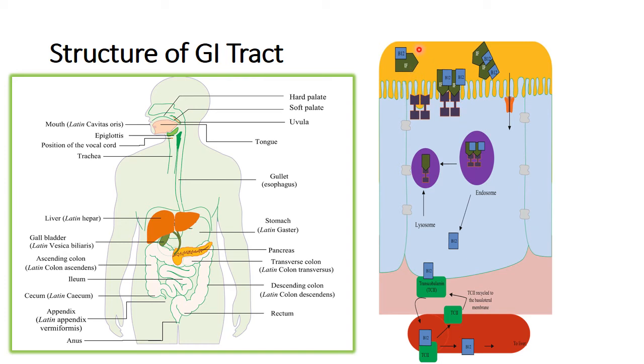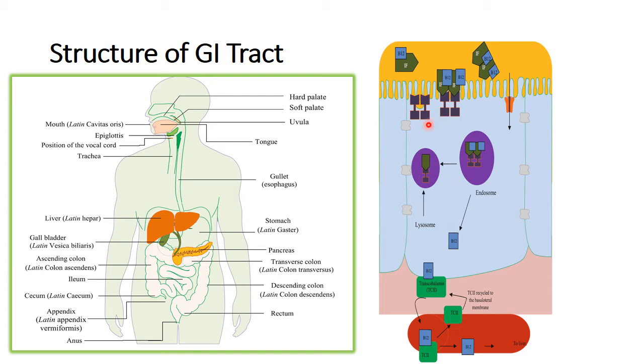Now for the absorption, B12 first has to combine with the intrinsic factor. Second, there must be a receptor, and this combined B12 and intrinsic factor is attached to the receptors.